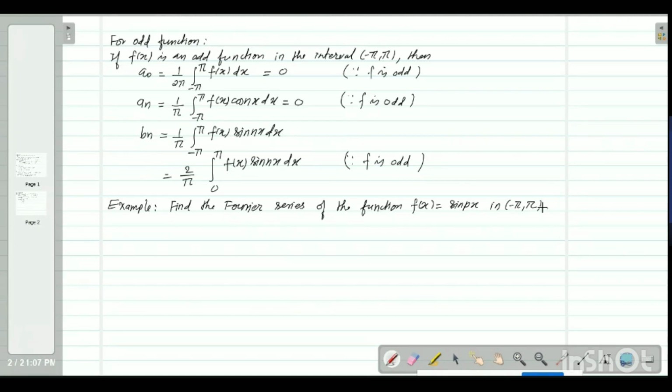Let us see how to find the Fourier series of this function. Solution.